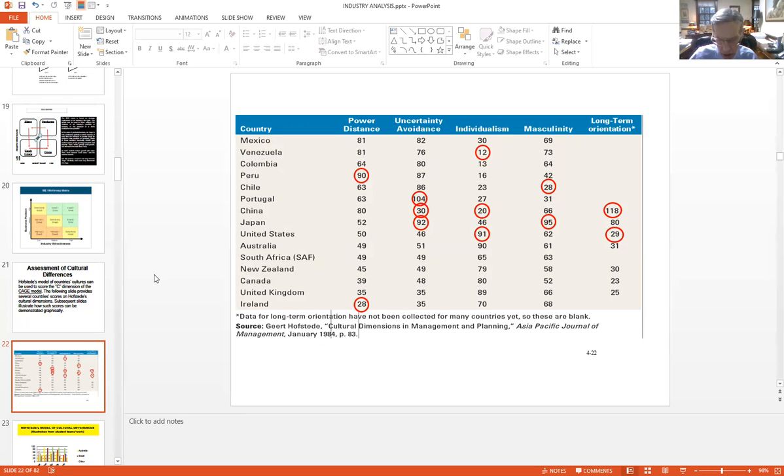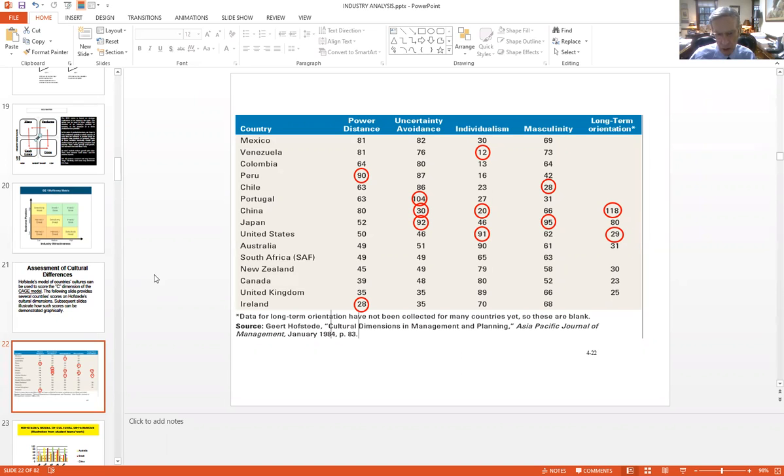But he was so successful with this model that the Hofstede Institute was created, and today, in addition to the basic 4 cultural measures that Hofstede developed, we have a 5th one, long-term orientation, and still others.